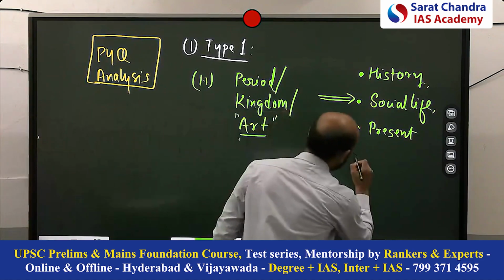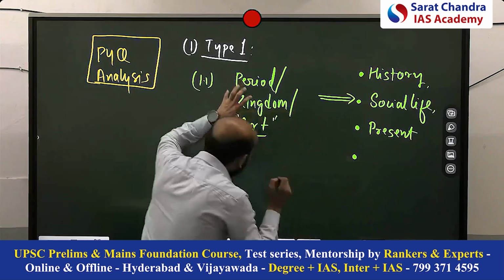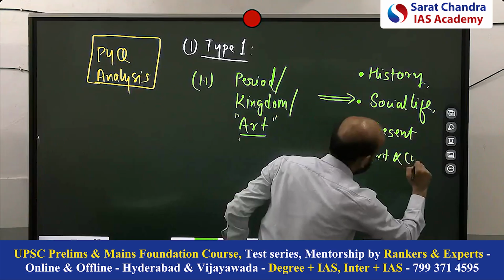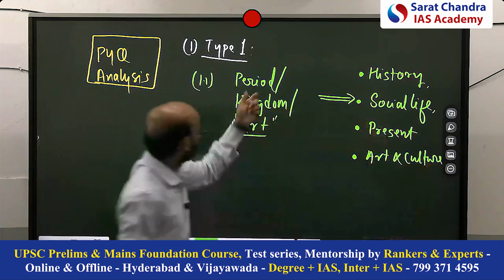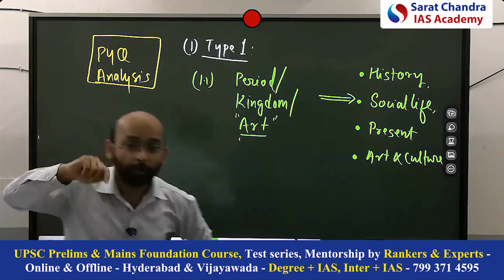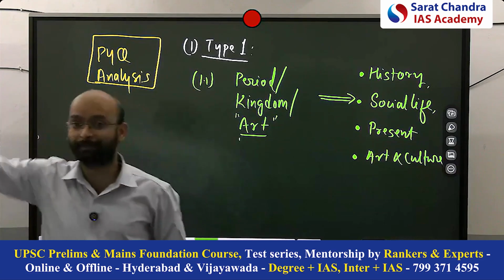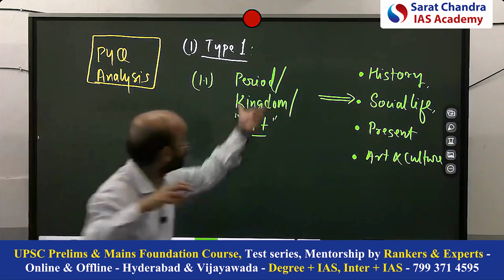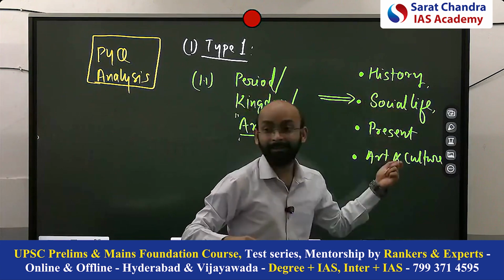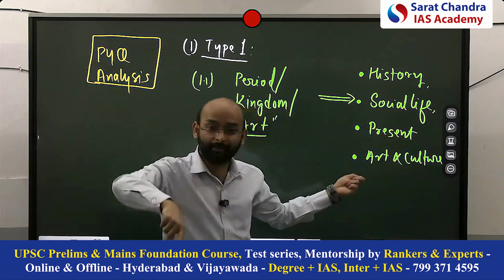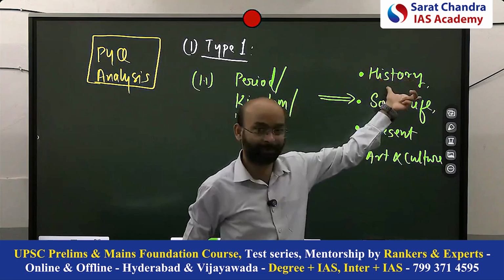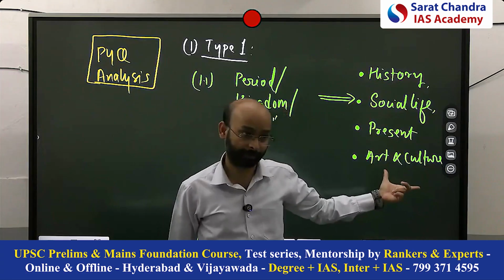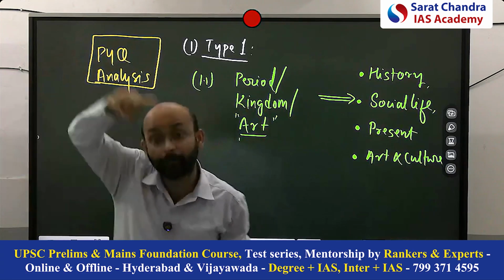The next thing here is the significance of art and culture. Basically, they will give one period like the Chola period, and ask how it is important from the art and culture point of view. That's the common question. Like, why is the Gupta period called the golden period? If it says golden period, that means it is historically, socially, and culturally important.